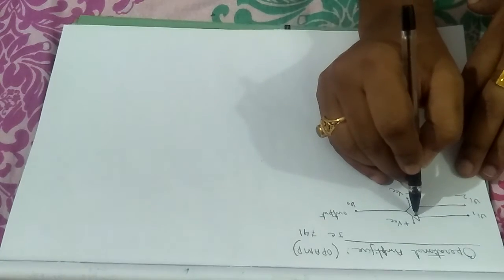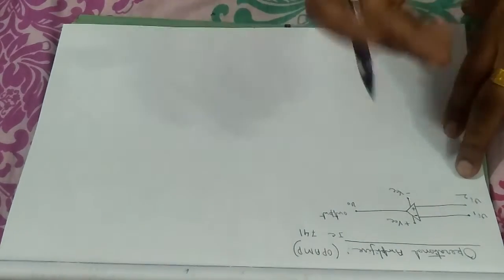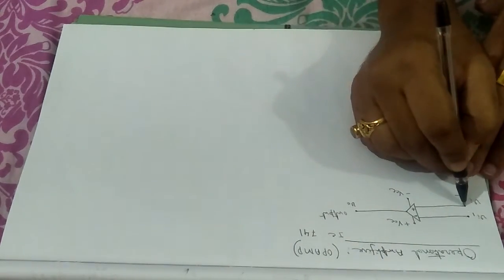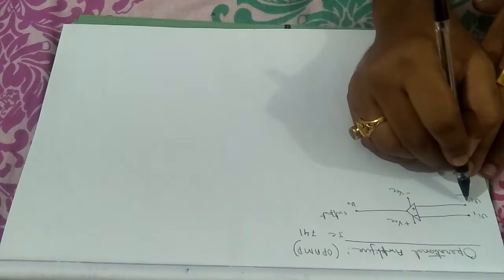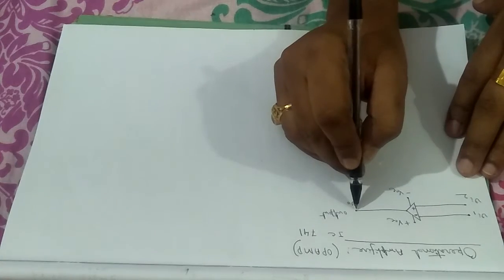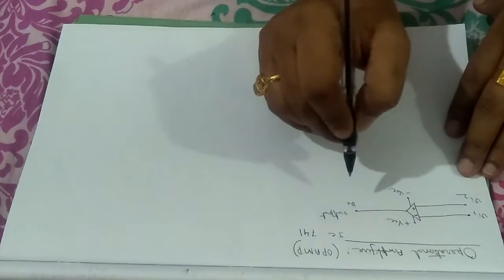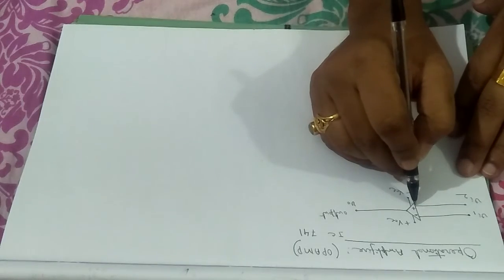That is why this terminal is called the inverting terminal, that is, it inverts the actual polarity. The plus sign indicates it is the non-inverting terminal. If you apply any voltage here, it will go towards the output with the same phase, with the same polarity. That is why it is called the non-inverting terminal.